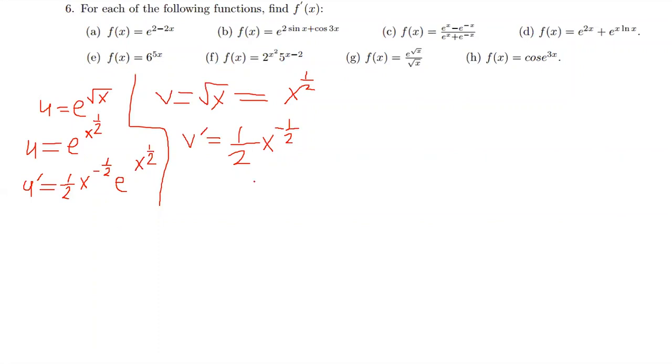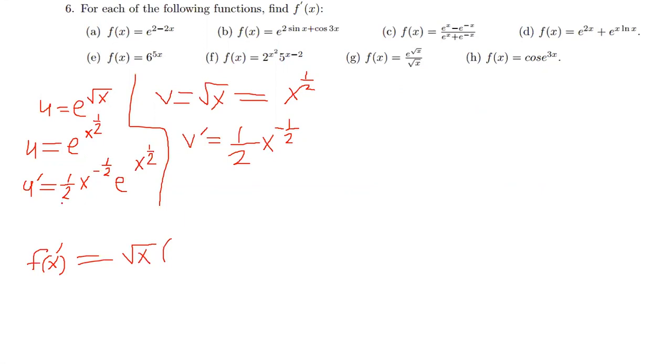So just remaining with 10 minutes. From here, we can now use our quotient rule. So to find f prime of x, we're going to have v, my v is just the root of x, multiplied with u prime.